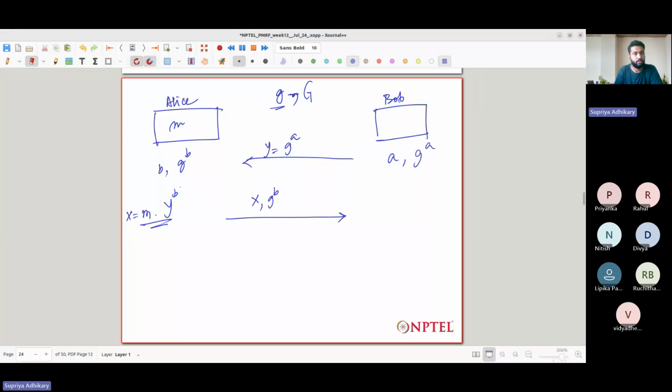Only these two values are sent to Bob. Now Bob considers this g to the b as, let's say, r. So Bob computes r to the a, and it inverts with x, and that gives us the message. So this was the ElGamal encryption scheme.